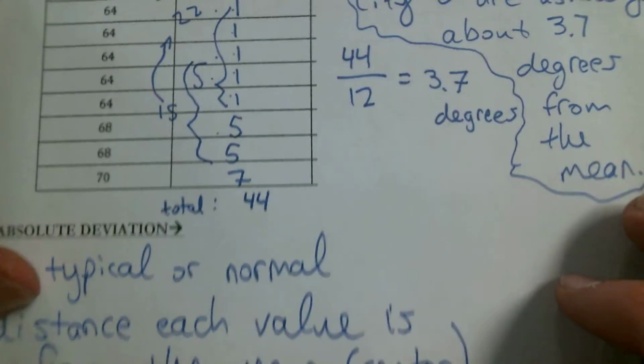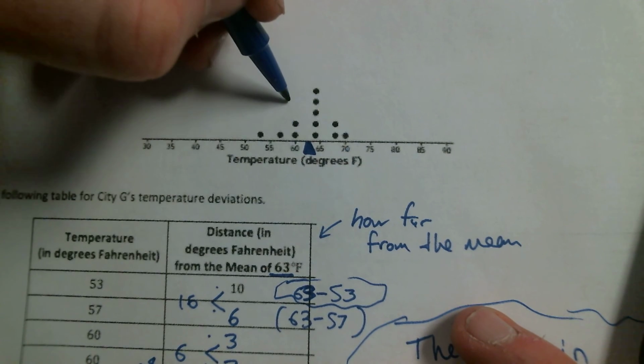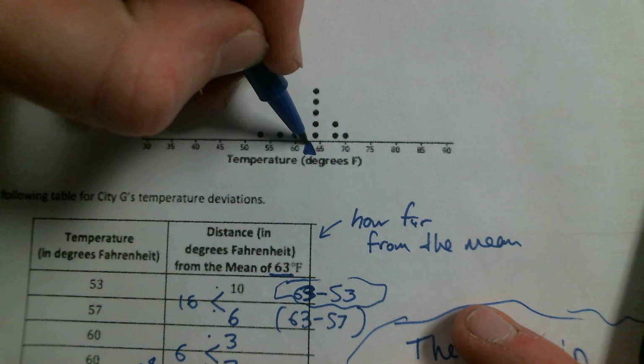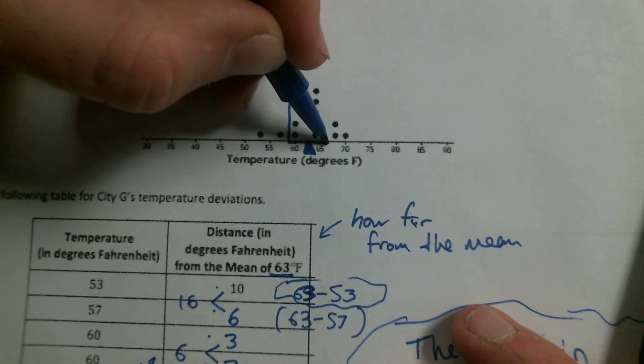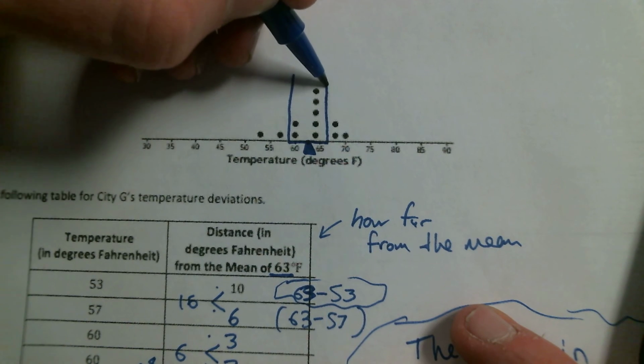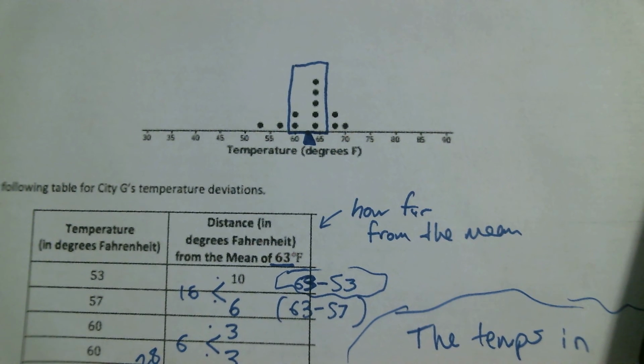So if we look back to our data, it says it's about 3.7 away. So if it was 63, that means most of the data is within 3 degrees this way and 3 degrees that way. So about from 59 to 66. And that makes sense because most of the points actually fall in that area.